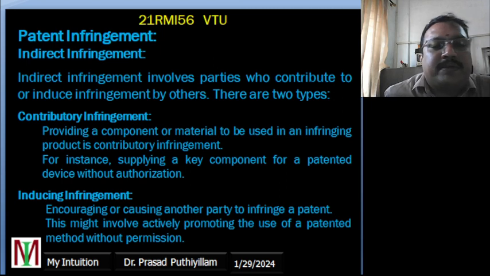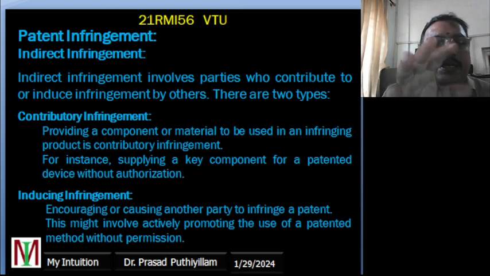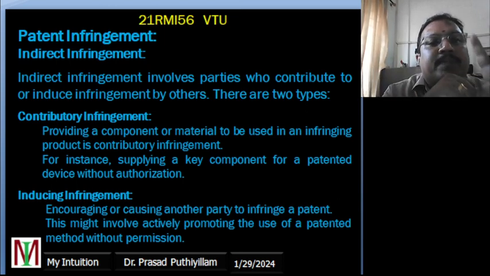Or another example: a company manufactures, produces and sells a crucial part of a robotic arm, an important part which is very much needed for the robotic arm to work. They are selling it without the permission of the actual patent holder. Without that component the arm will not work.